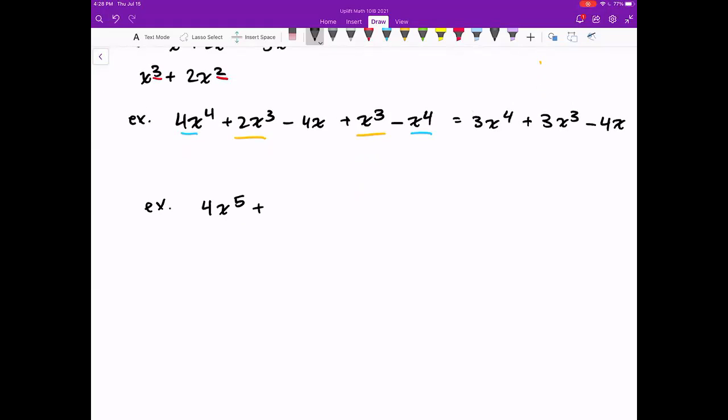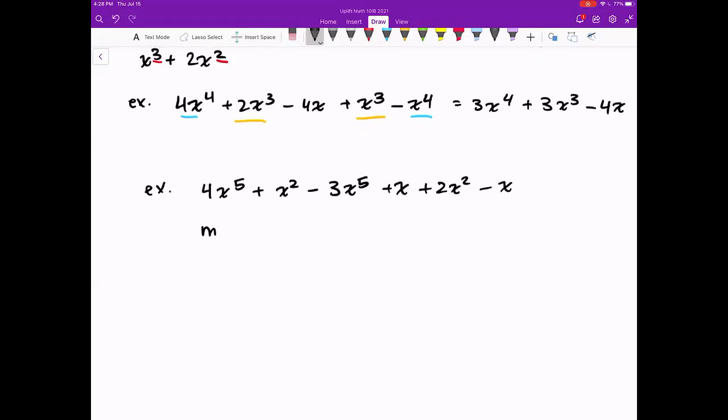Plus x squared, subtract 3x to the power 5, plus x, plus 2x squared, and then maybe minus x. Yeah, good idea. So is this a monomial, binomial, trinomial, or polynomial? Polynomial, let's see.